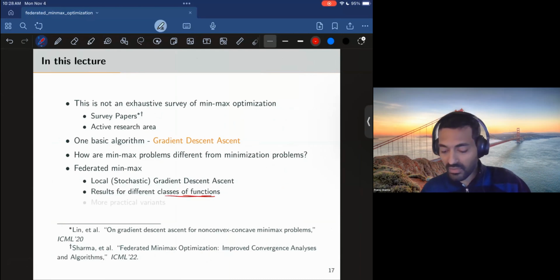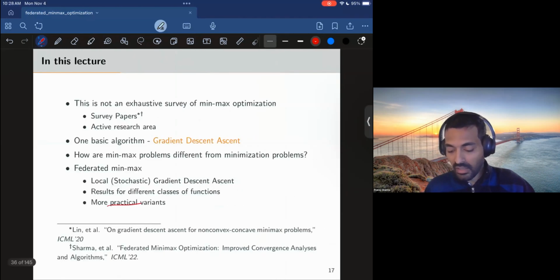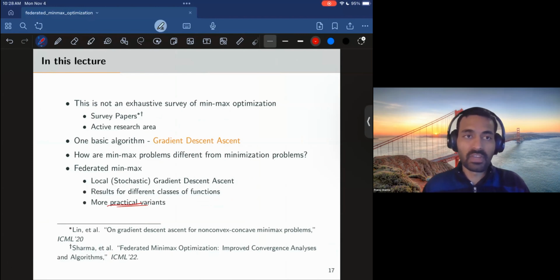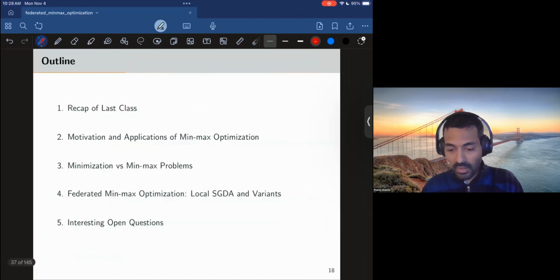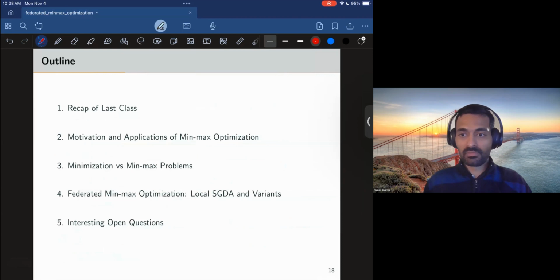Then I'll talk about some of the more practical variants of the algorithm. Initially, I'll talk about a very specific, very restrictive kind of algorithm, but later I'll generalize it much more. So this was building up to the motivation for min-max optimization, as well as what we'll discuss going forward. I'll stop for maybe a minute or so and wait for any questions which you might have.